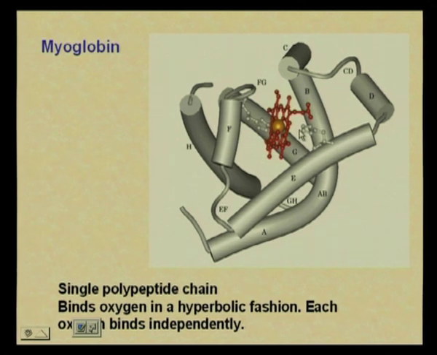So, what we have in myoglobin is a single polypeptide chain, a single heme attached to it. So, it will bind one oxygen molecule. Each heme binds an oxygen molecule, and the fashion in which it binds is called a hyperbolic fashion, which we will see what it means in a minute and how it is important in the functioning of myoglobin. Okay? Because we have to remember that the structure of myoglobin obviously is going to dictate its function.